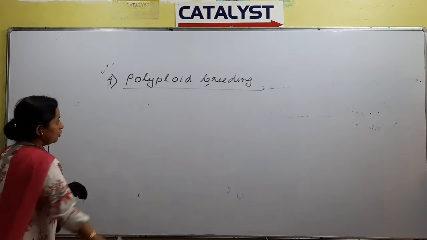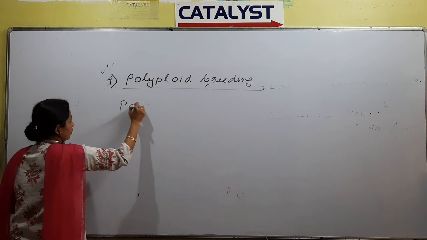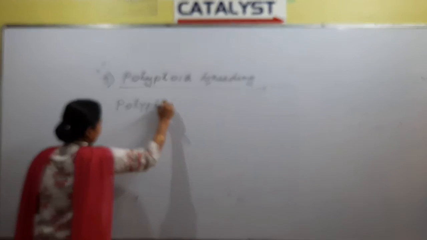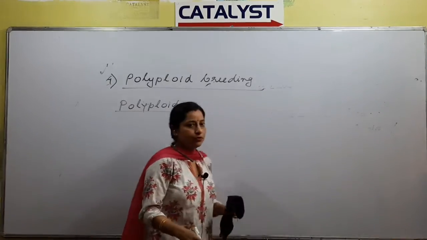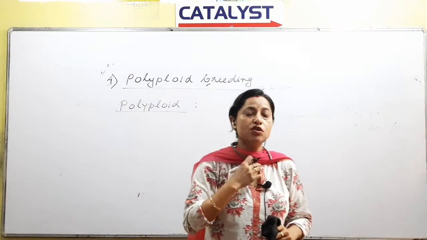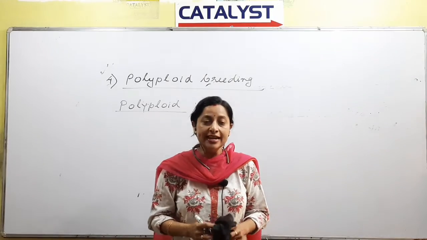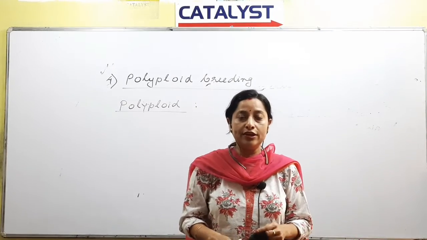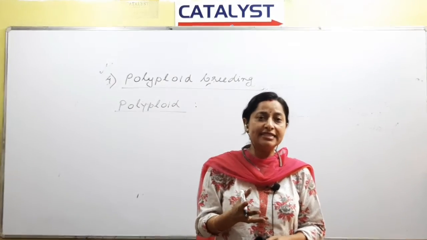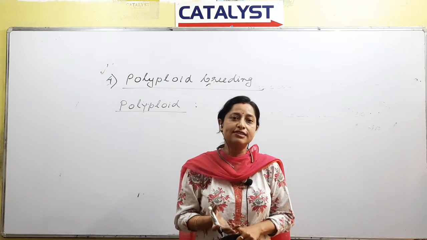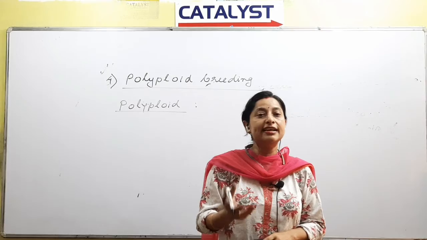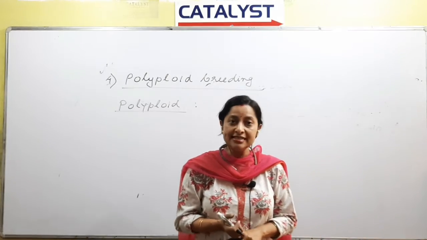Right? So this is the fourth method. We have a term called polyploid. Now what is a polyploid? We have often heard certain terms called haploid, diploid, right? So what is haploid, what is diploid? To get a very simple answer, haploid means organisms that have one set of chromosomes. Organisms that have two sets of chromosomes are called diploid.